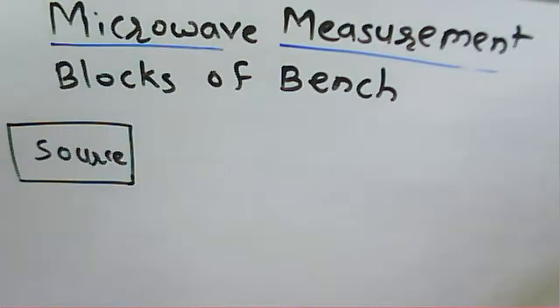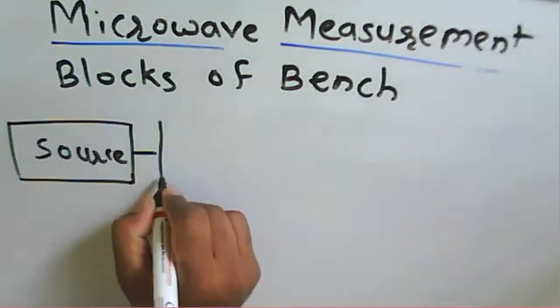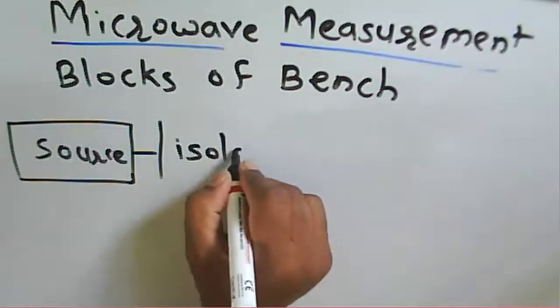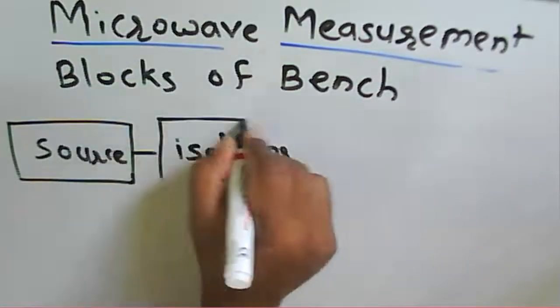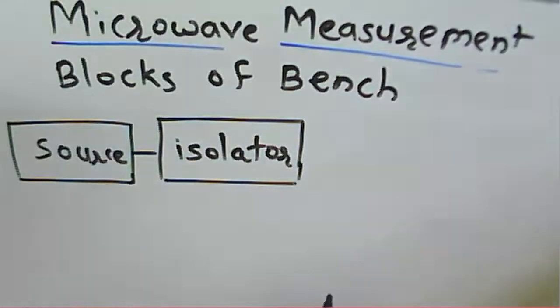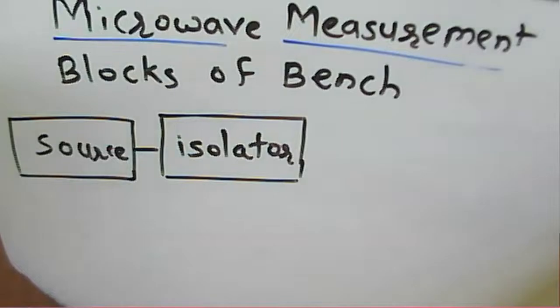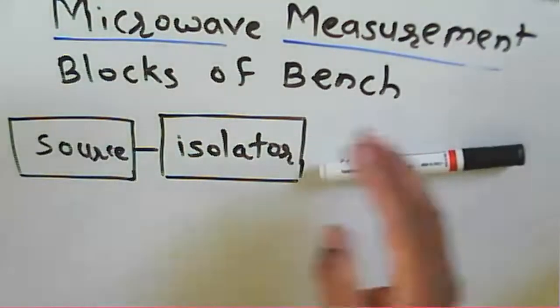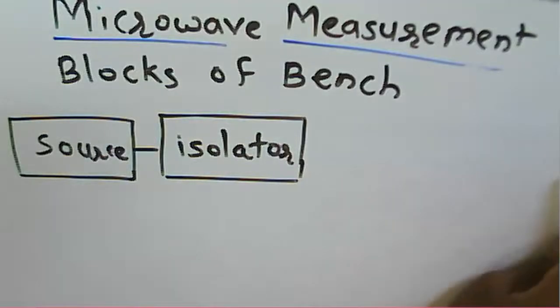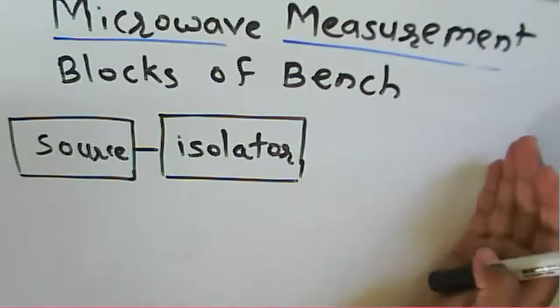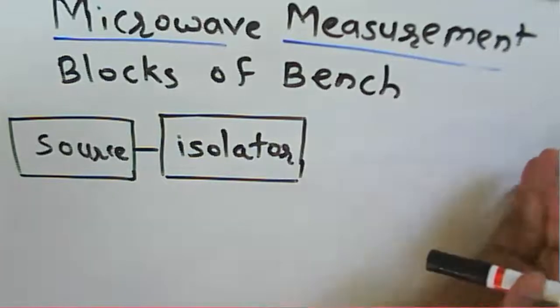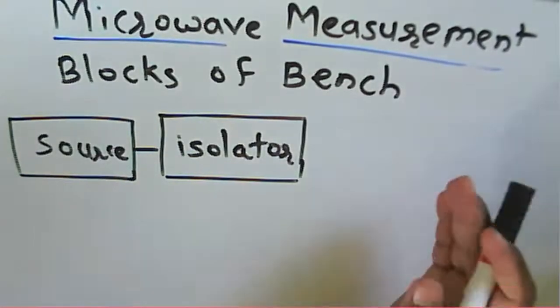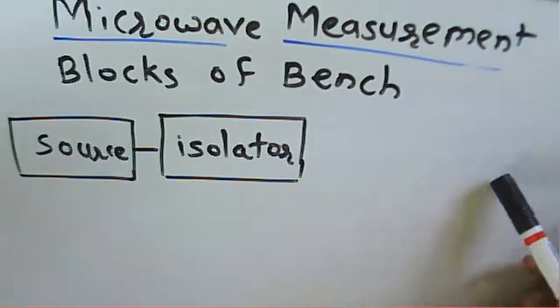Then another component is an isolator. The role of the isolator is this: we have a lot of components here, and if any mismatch occurs at a component or at the load, reflection will occur and the signal will be reflected toward the source.